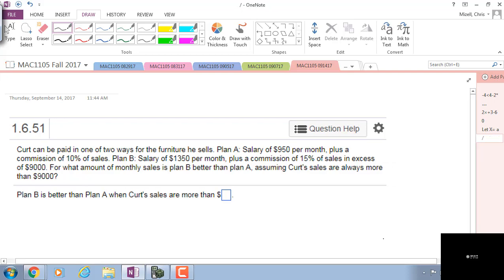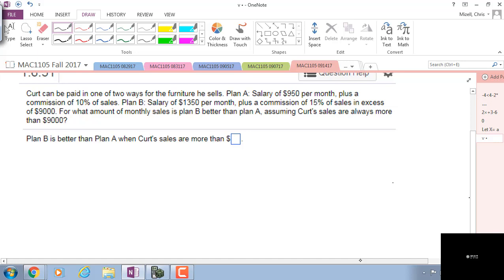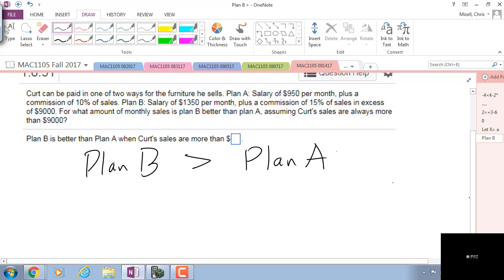Let's see. Plan B is greater than Plan A. I'm going to write that. Basically, Kurt's paycheck based on Plan B is greater than his paycheck, total gross pay, based on Plan A.